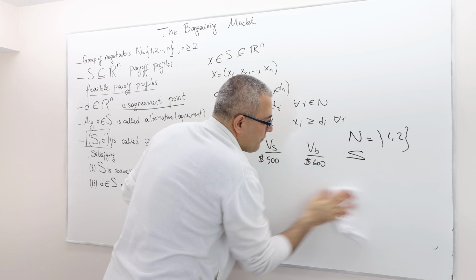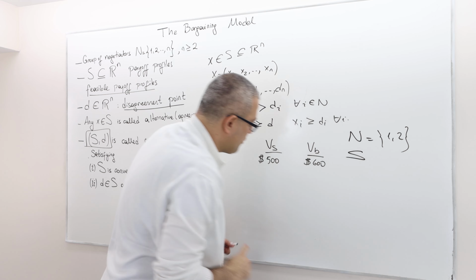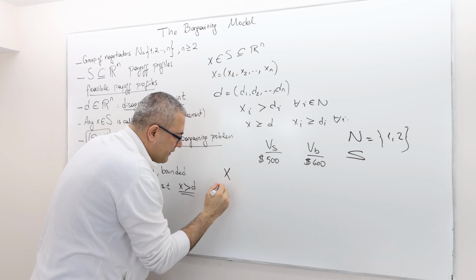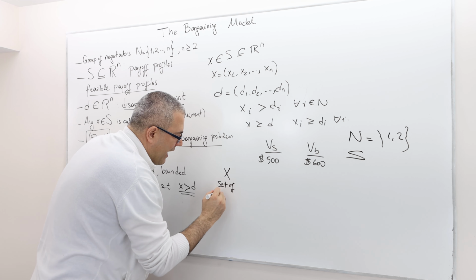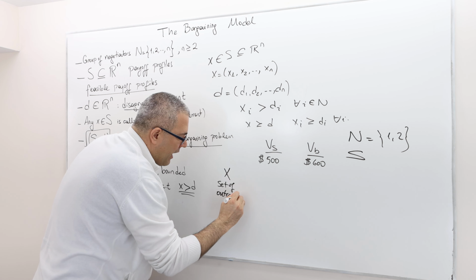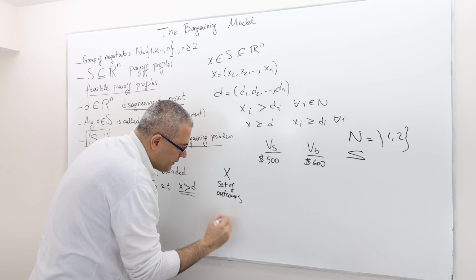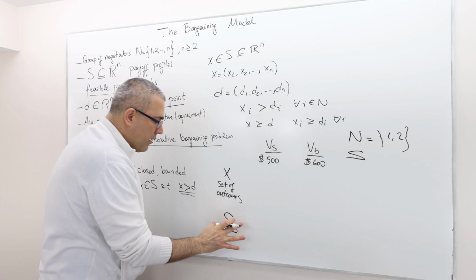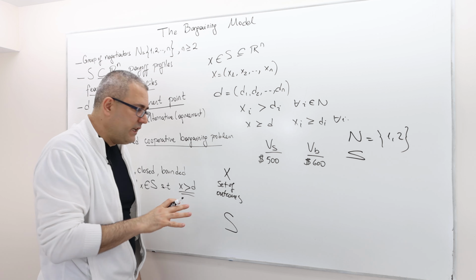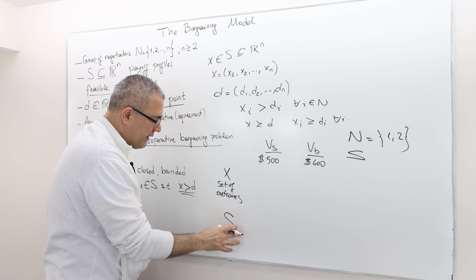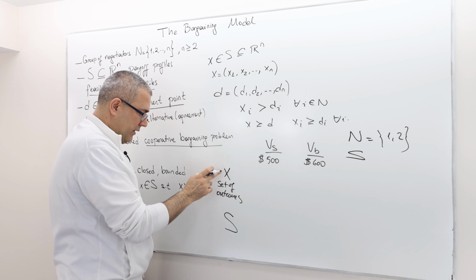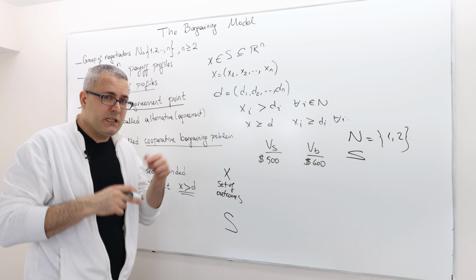But for this game, I'm going to do it at least once. I'm going to define X, the set of outcomes, and then from that, I'm going to talk about S. What matters, as you will see in next episodes, is S. So X is basically a stepping stone.